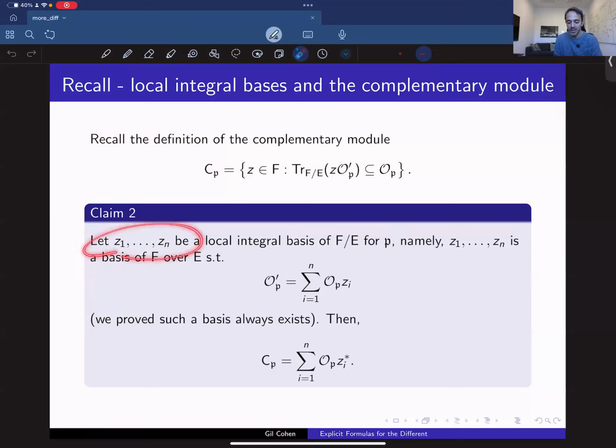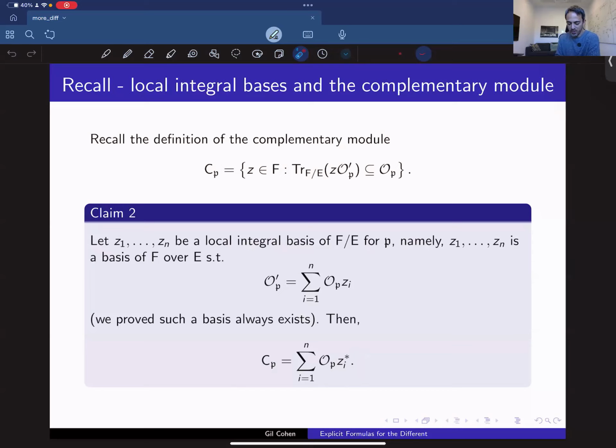So if you have a local integral basis of F over E for P, namely you have this equality rather than just this kind of inclusion, then the complementary module is spanned by linear combinations with scalars coming from O_P if you take the dual basis for the z_i's, right? So z_1 star up to z_n star, this is the dual basis for z_1 up to z_n, which was defined using trace and so forth.